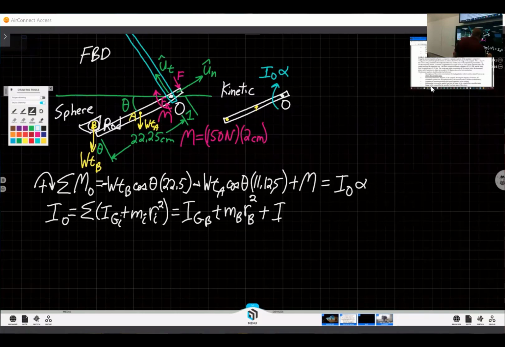Then the I_G of the arm plus the mass of the arm and this distance from O. So there's our expression for the mass moment of inertia for the swing arm with the ball installed. Basically, we're treating the sphere and the arm together, doing the launching, we'll call it range of motion. And of course, once it reaches 60 degrees, off it goes into the wild blue yonder.